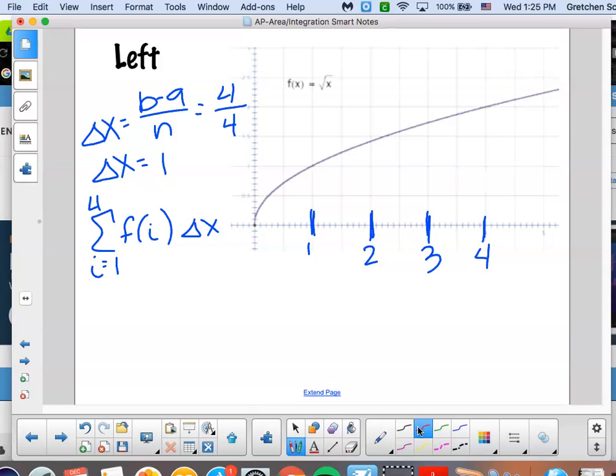The difference here, when you connect this on the left side, where is your first rectangle on the left side? 0. The left side of this interval is at 0, so your first rectangle is right there. So then your next rectangle is 1 over.